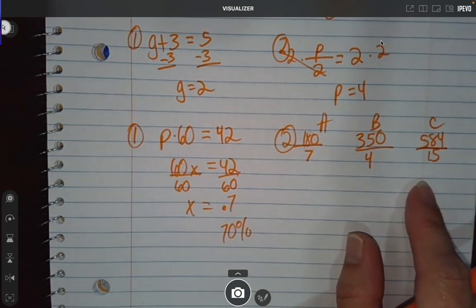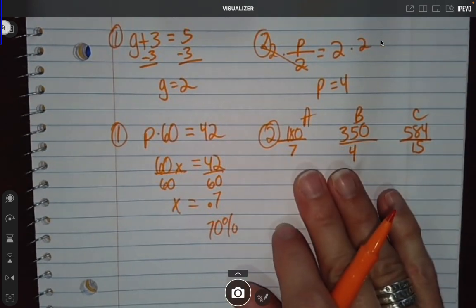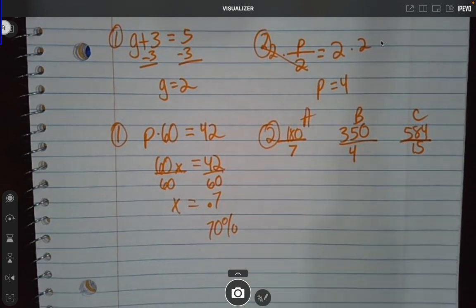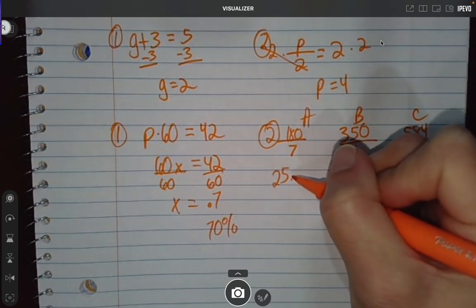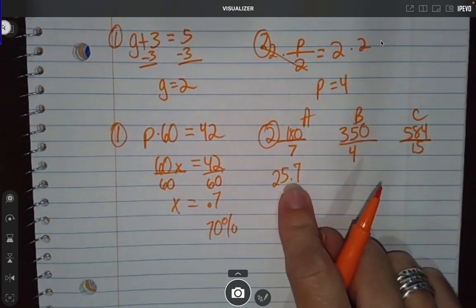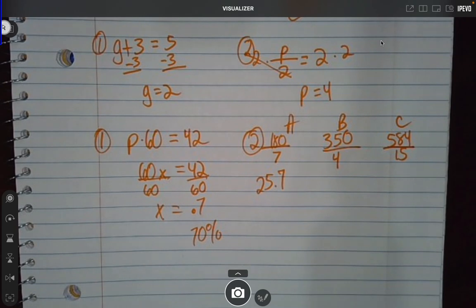I mean, I might could. But the best way to do it is just to divide them and see how fast they are going, miles per 1 hour. So 180 divided by 7 is 25.7. Okay, they must be in town because they're going pretty slow. All right, let's see how fast car B is traveling. 350 divided by 4 is 87.5.